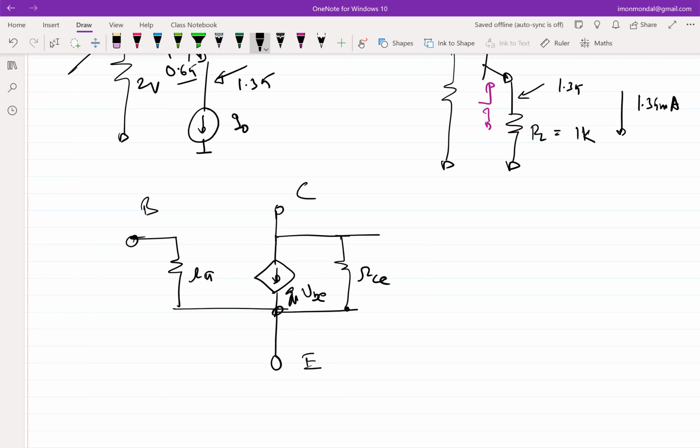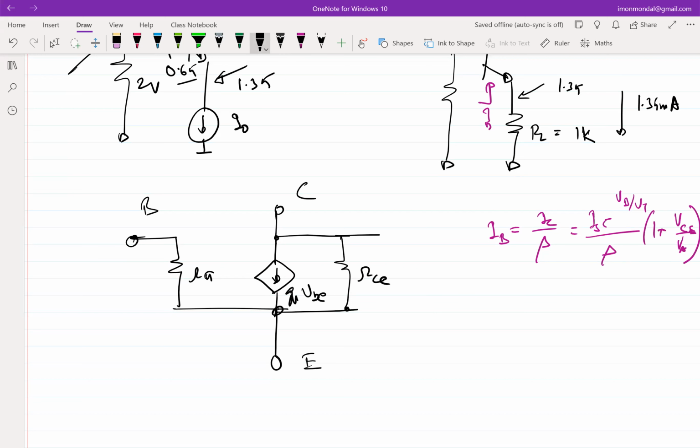Now there was one comment at the end of the last class: our base current is not 0, and base current was IC over beta, where IC is whatever IS e to the power VBE by VT, divided by beta times 1 plus VCE by VA. So it seems like there is a dependence of IB on VCE. Correct? And there is, in fact.